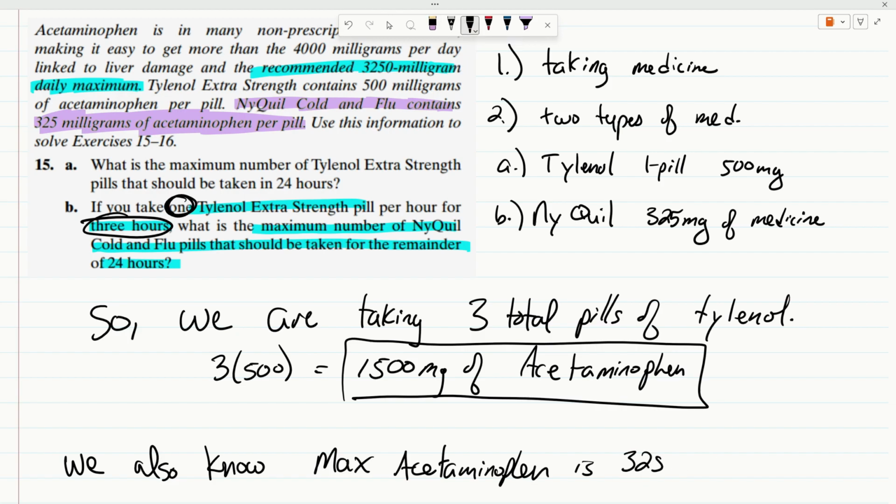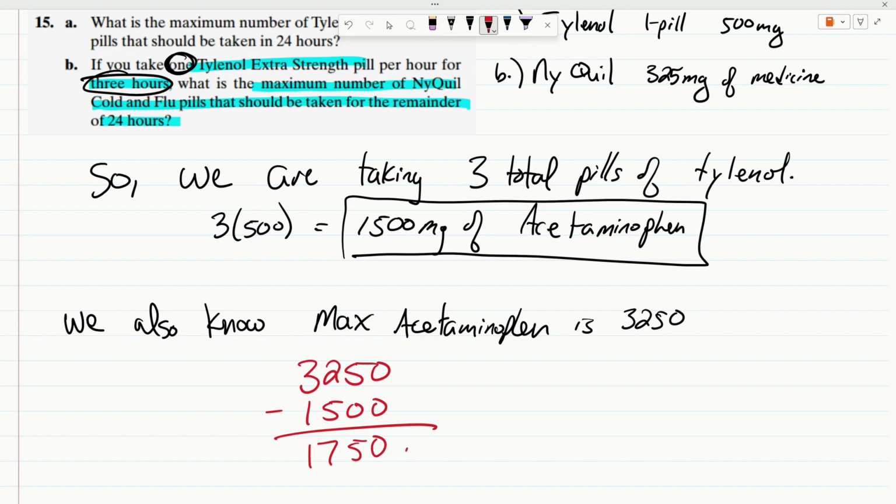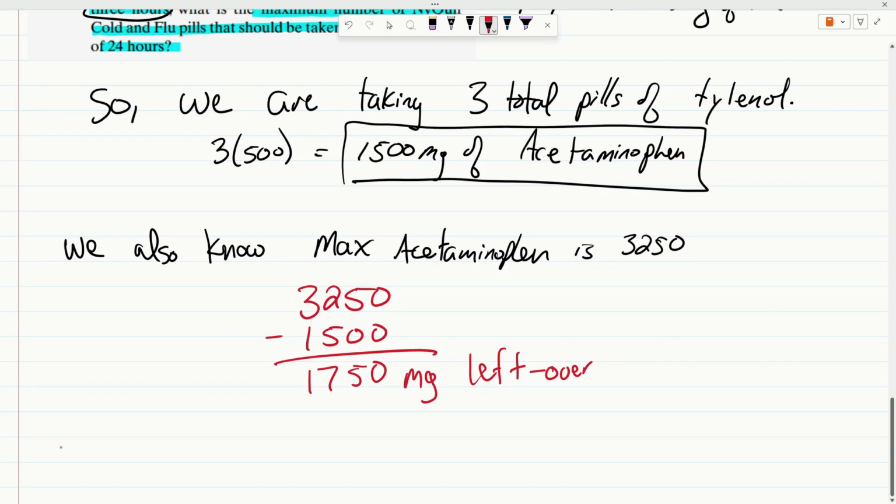So the question becomes, how much extra acetaminophen can we take? Well, we have 3,250 minus our 1,500, which leaves us 1,750 milligrams of acetaminophen left over. So we know we could still take NyQuil, but the question becomes now, how much? So that's what we're really asking.